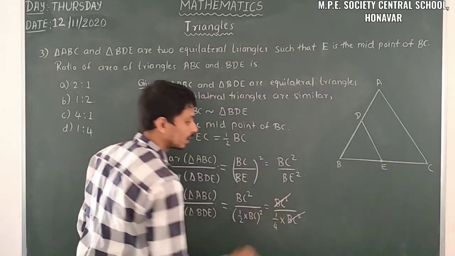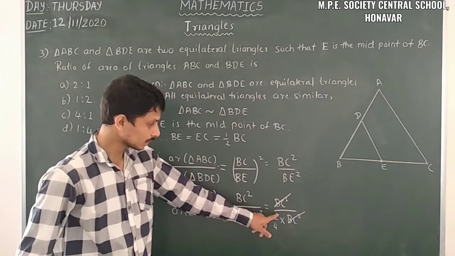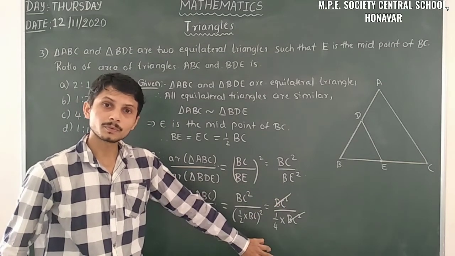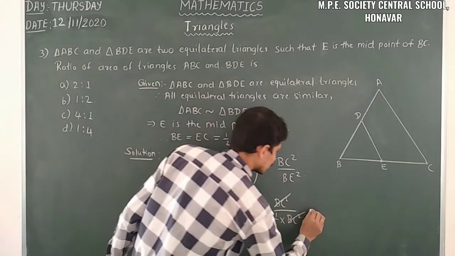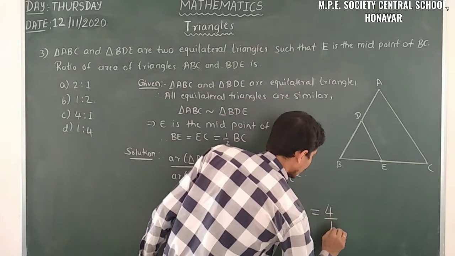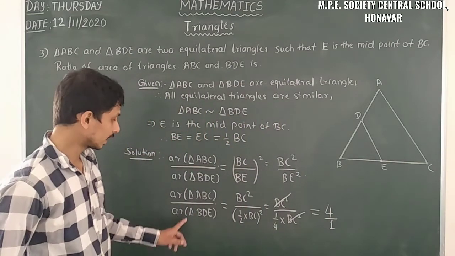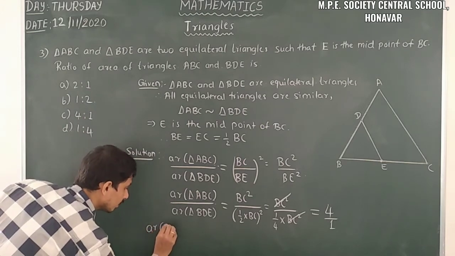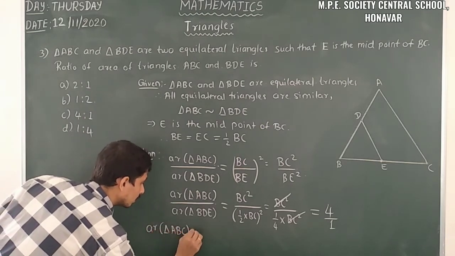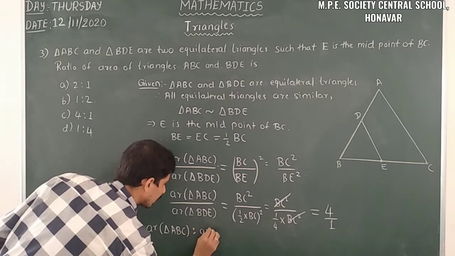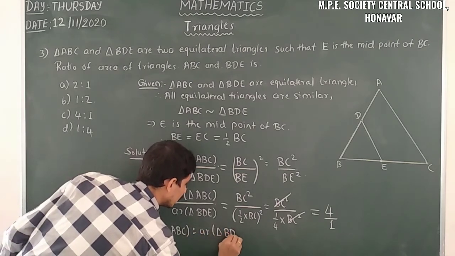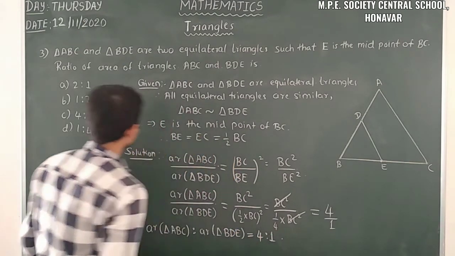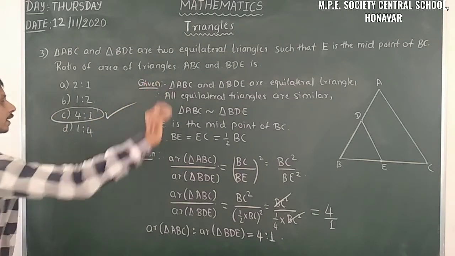BC square gets cancelled. Here 1 by 4 is there; 1 divided by 1 by 4 means 4 divided by 1. This implies area of triangle ABC is to area of triangle BDE is equal to 4 is to 1. So this is the right answer.